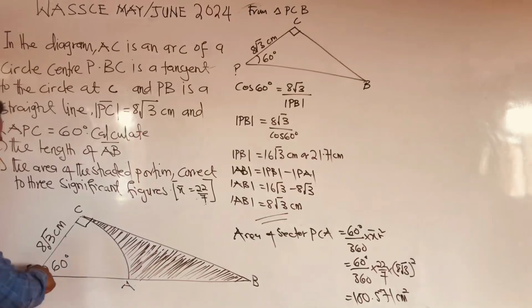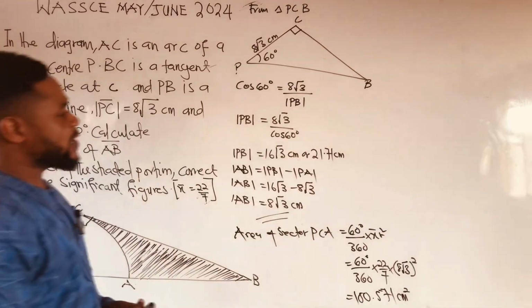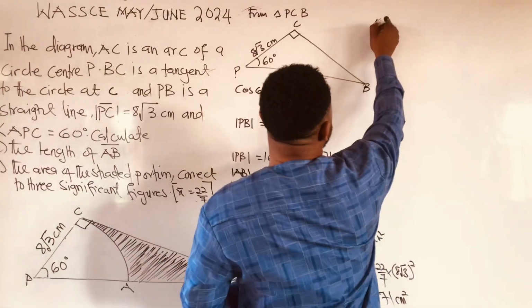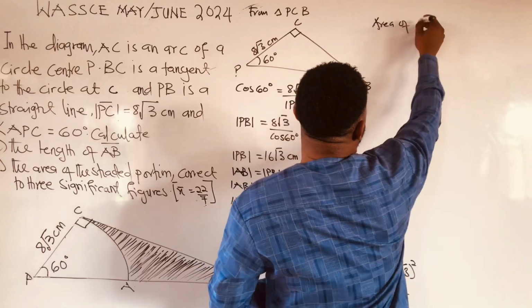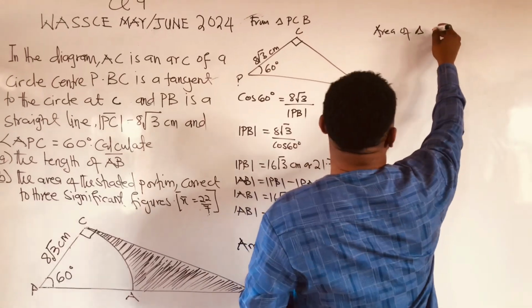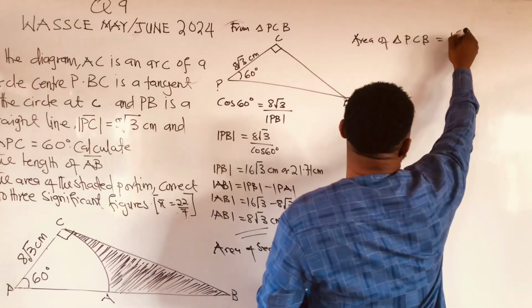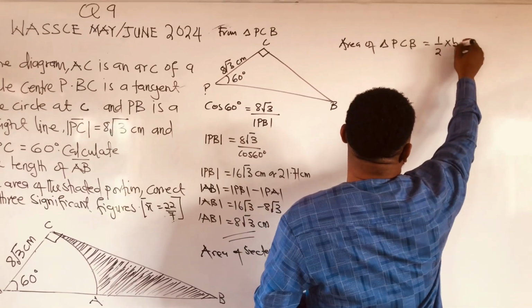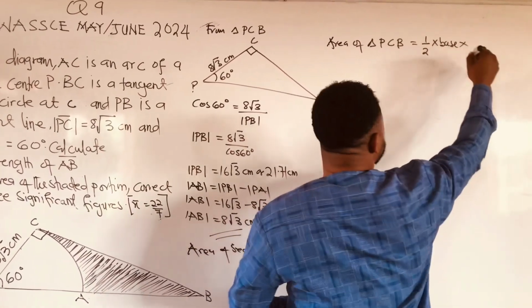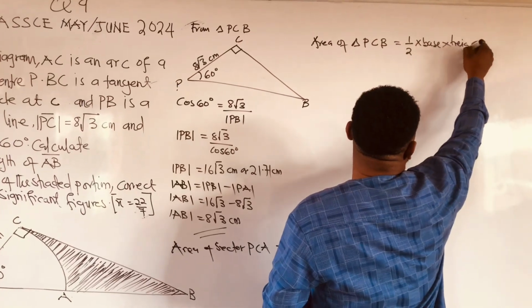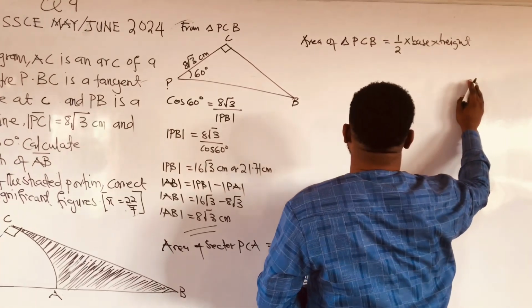Now let us find the area of the whole triangle. All right. So area of triangle PCB is given as half multiplying the base of the triangle times the height of the triangle.